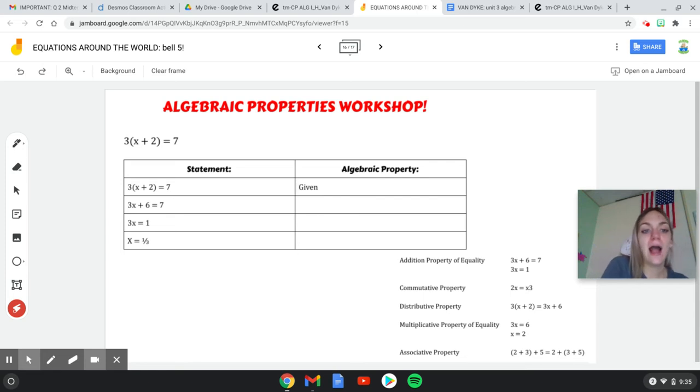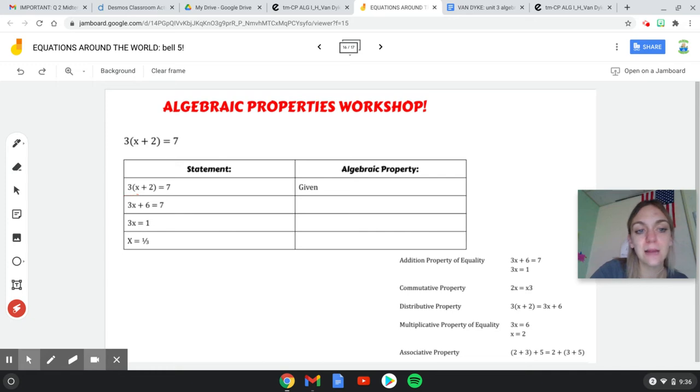Now we have to figure out, how did we get from our given statement to the statement below? When I say statement, think of steps. So how do we go from that first step moving down to the second step? We know that when we're solving multi-step equations, the first thing that we have to do is the distributive property. Let's check to make sure that we can use the distributive property.